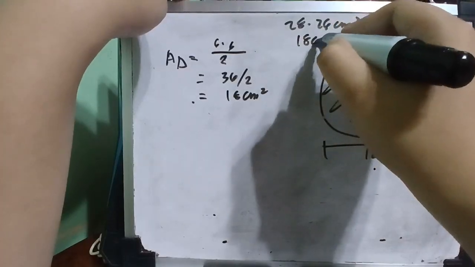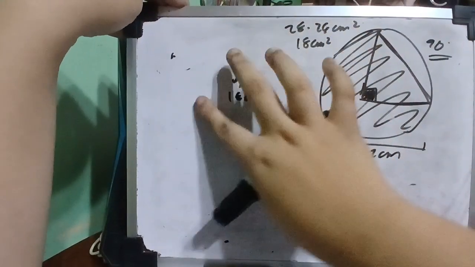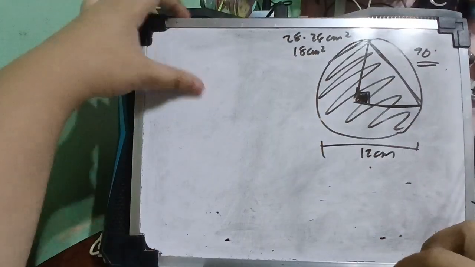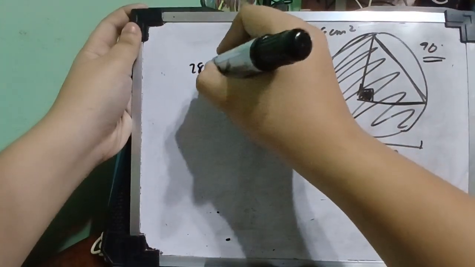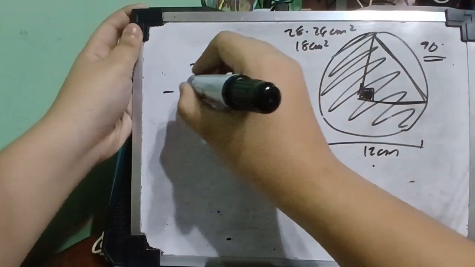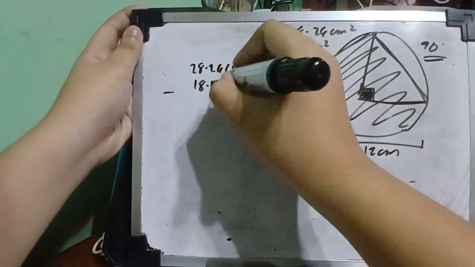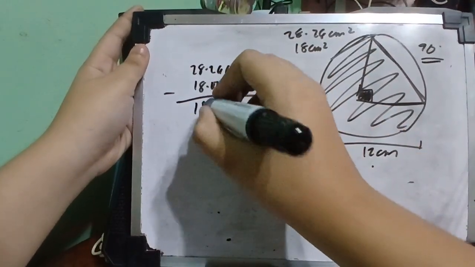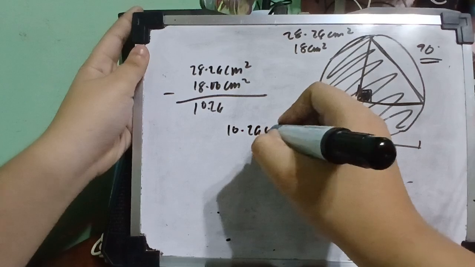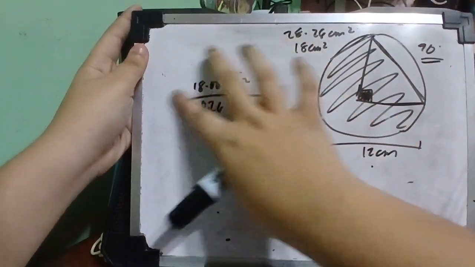So now let's find our segment: 28.26 cm squared minus 18.00 cm squared, 10.26 cm squared is our segment.